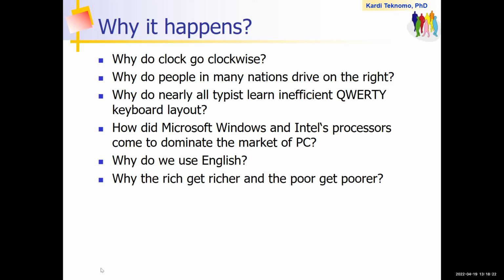Why do we use English? And probably one of the questions is why the rich get richer and the poor get poorer. These are all the same question. So people will ask about the economic gap between the rich and the poor. This is all an example of network externalities.